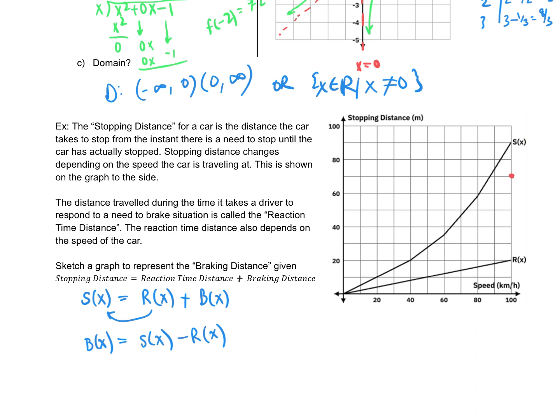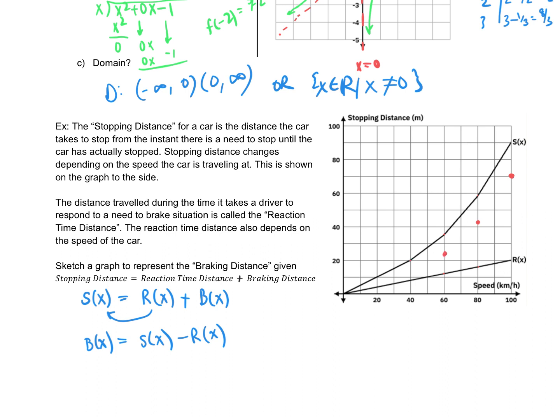Then let's look at 80. At 80, we're at 59 and maybe 16. And 59 minus 16 is 43. So I'll roughly plot that. At 60, we're at maybe 35 for the stopping distance and at maybe 12 for the reaction time. If we subtract those, 23 roughly.